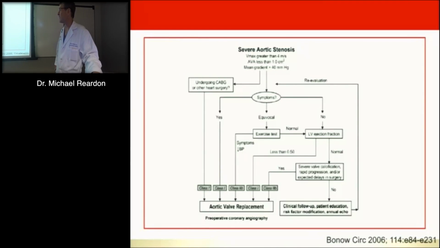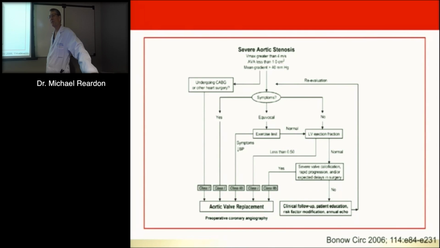So let's just say somebody comes to you and they have an ejection fraction of 40, and they have a peak velocity of 3.2 and a mean gradient of 31, and they have symptoms of shortness of breath, but they also have COPD.